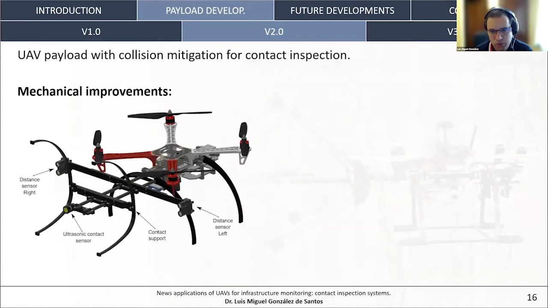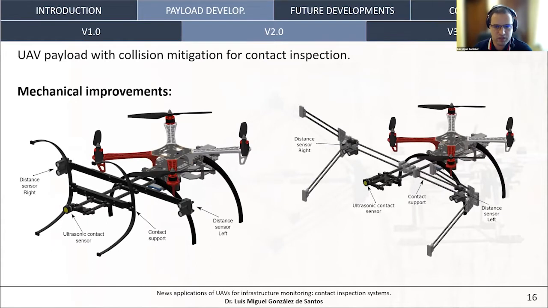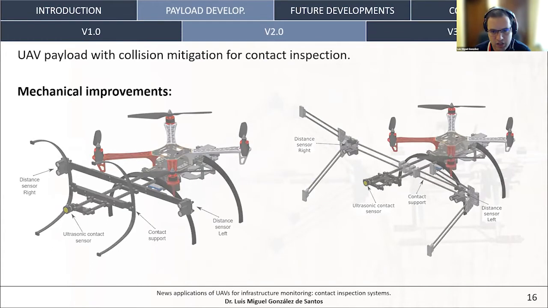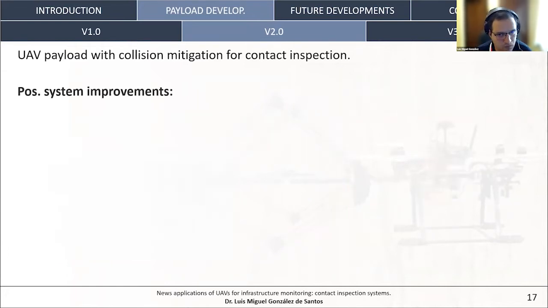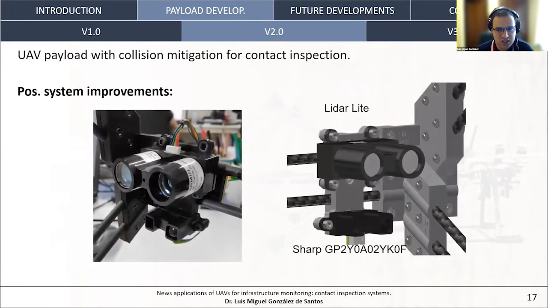A new contact support was designed, wider than the previous one and more rigid, and also a new sensor support was designed with a linear passive joint to mitigate the impact in the first contact with the structure. Another distance sensor was added to the positioning system.